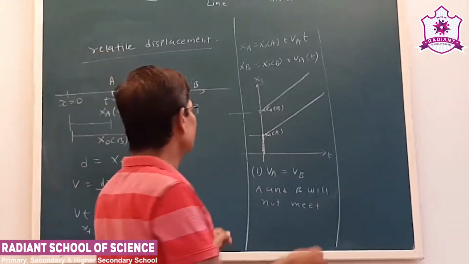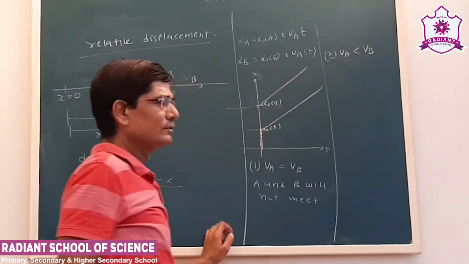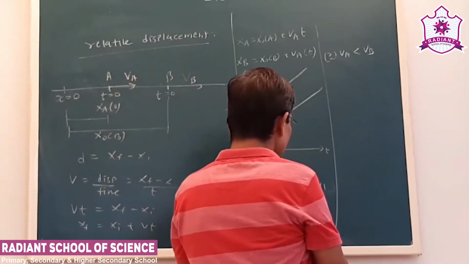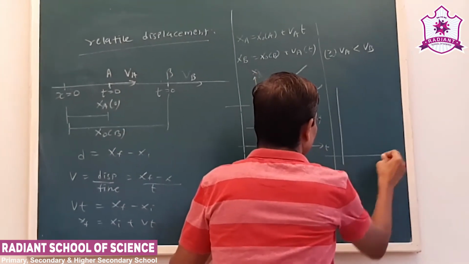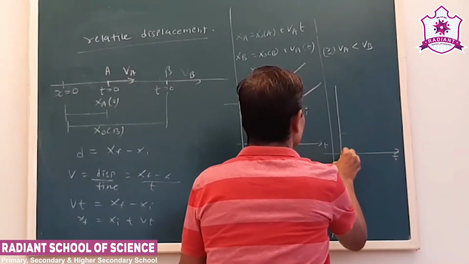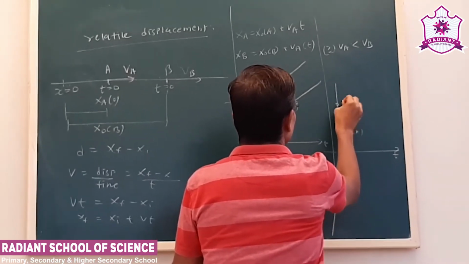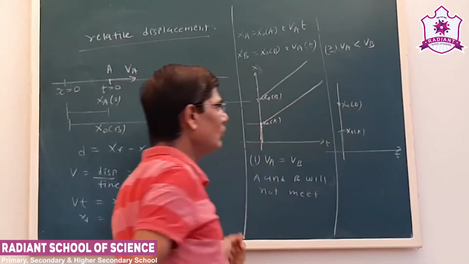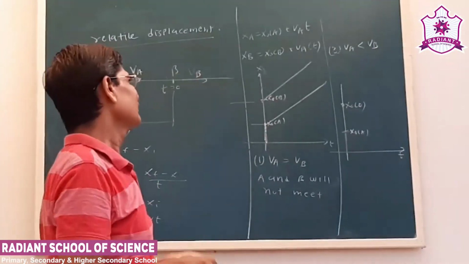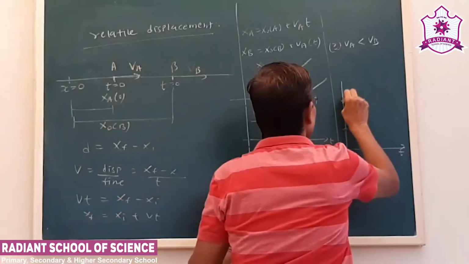Now see the second possibility. Let us say A moves with the lesser velocity. Suppose I want to plot on the graph, this is again our x0A and x0B. Here the velocity of A is less than the velocity of B. So in a given time interval, because the velocity of B is more, B will cover a larger distance.